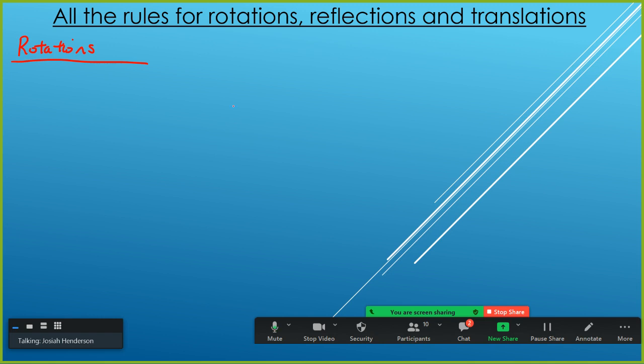So let's start with rotations. To do a 90-degree rotation, all xy's on your original figure turn into what? Can anyone tell me from our notes? You can type it or you can say it out loud.